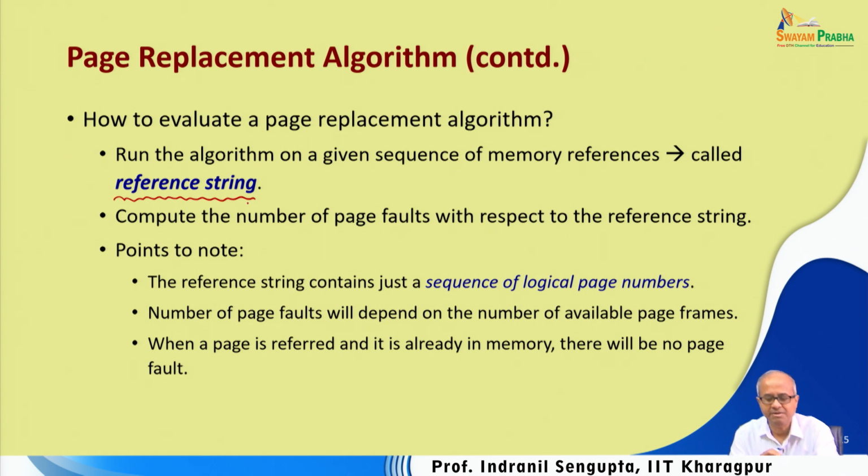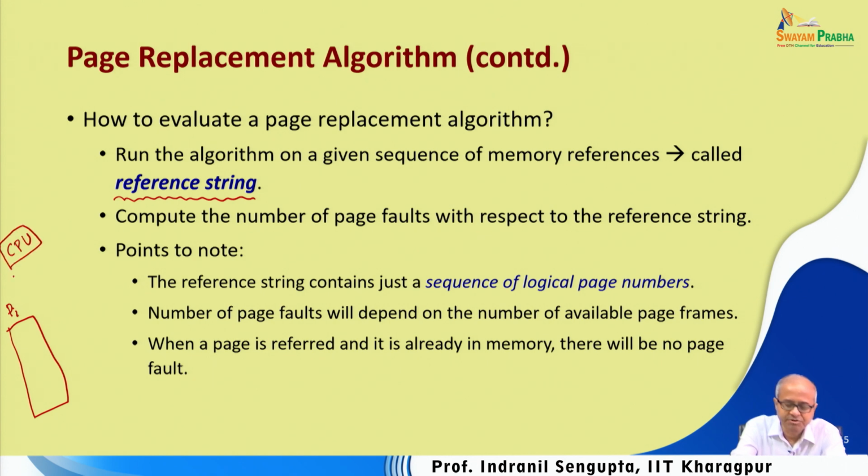It means, you think of a process Pi which is running. When a process Pi is running, what will the CPU do? The CPU will be executing these instructions one by one in whatever order it is, there is branch, jump, whatever.